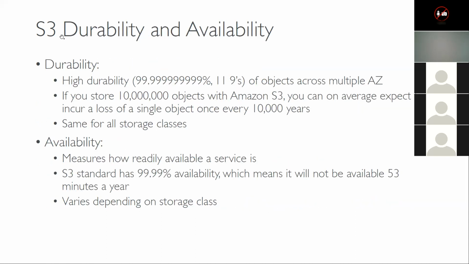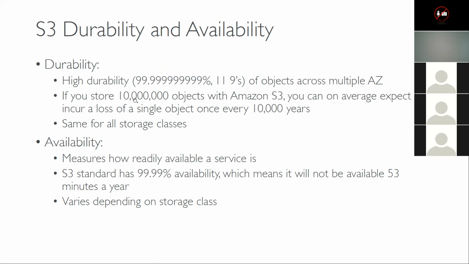First of all, we have S3 durability and availability. Durability is a question of how strong, how resilient, how easily can you recover. If Amazon says 99.999999999, or 11 nines, for the object, it's most probably the highest durability.